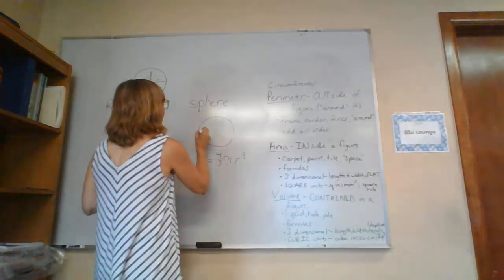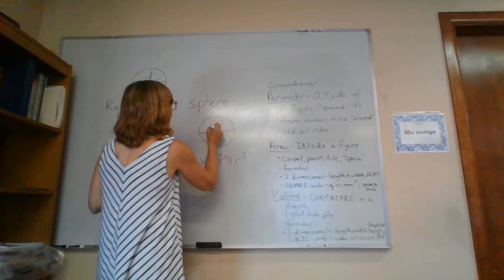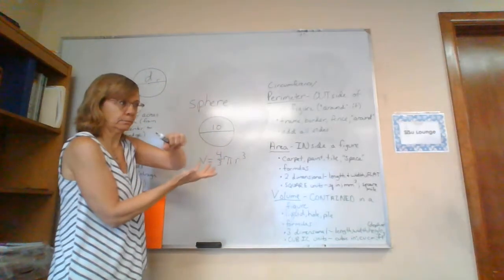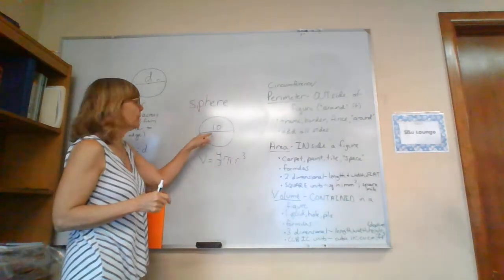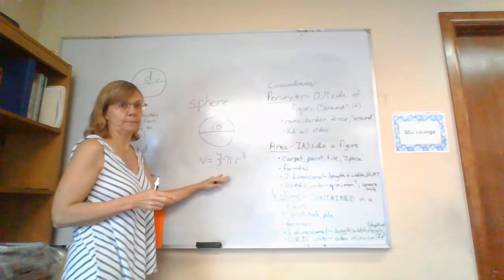Suppose this is my sphere, and again, remember, it's three-dimensional. I did not draw three-dimensional. This is a ball, okay? And they gave me this drawing, or they just told me a sphere with diameter 10. What is the volume?